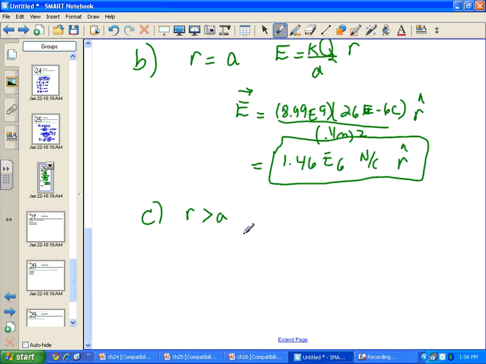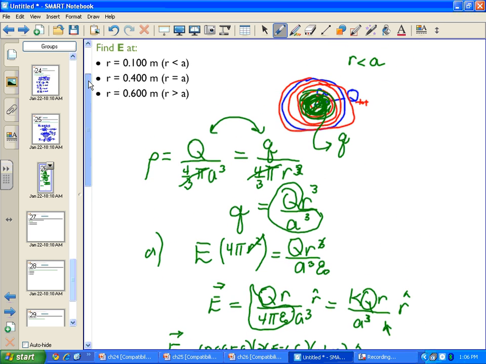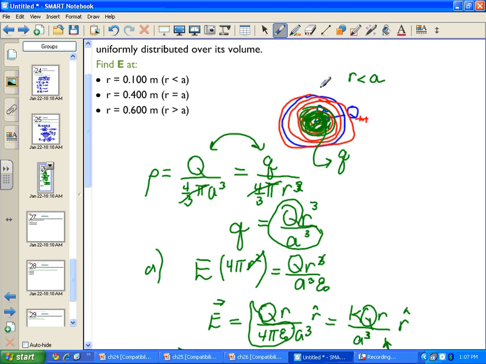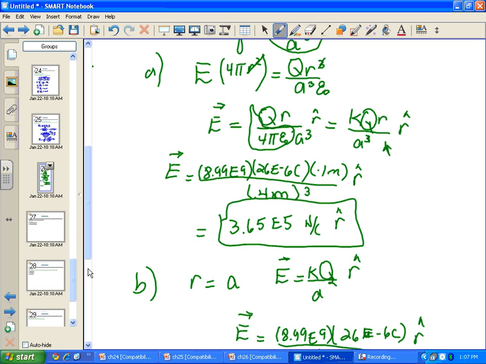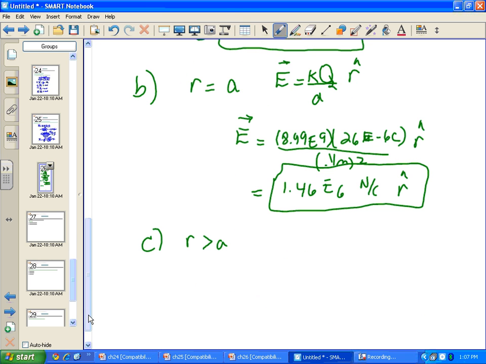Well, in this case we're going to have a Gaussian surface which is out here, and therefore all of the charge of the sphere is going to be contained inside our Gaussian surface, and therefore the Q in, if we start with the right side, will be total Q over epsilon naught.